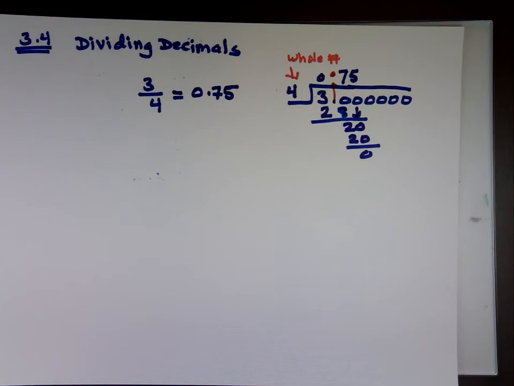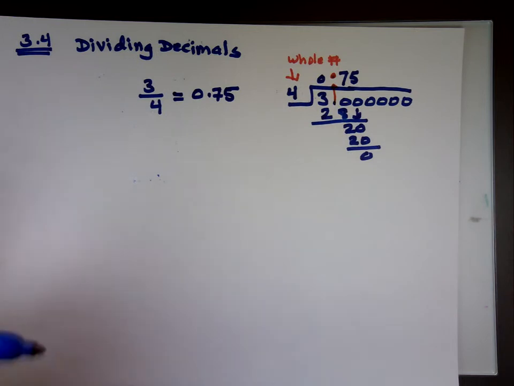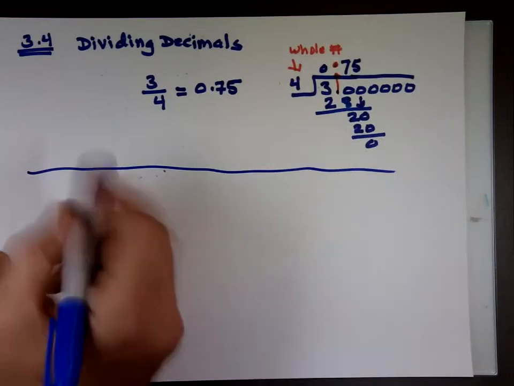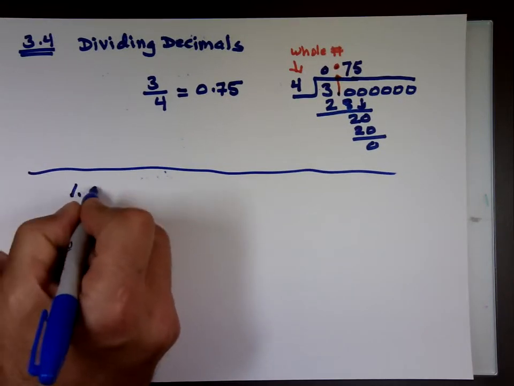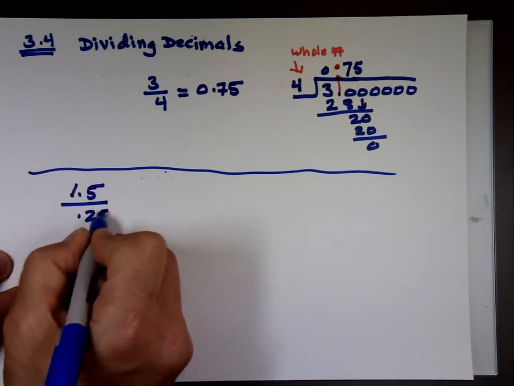That is the rule. You want to make sure that number is a whole number. So if it's not a whole number, I'll give you an example. What do we do? Well, let's take one that's not a whole number. 1.5 divided by 0.25.